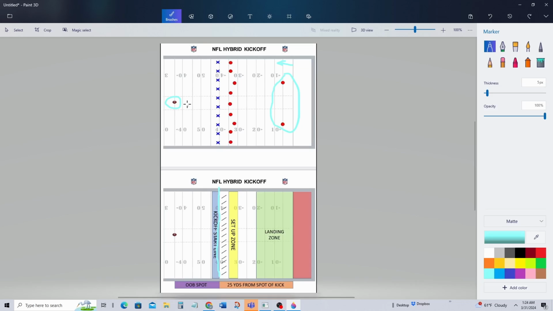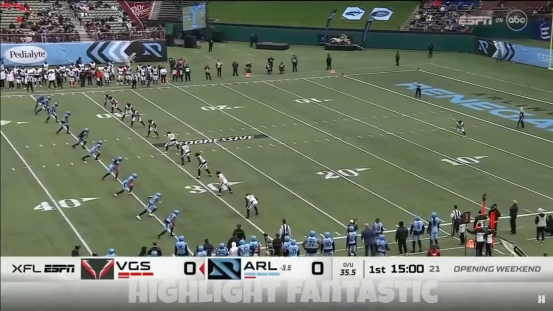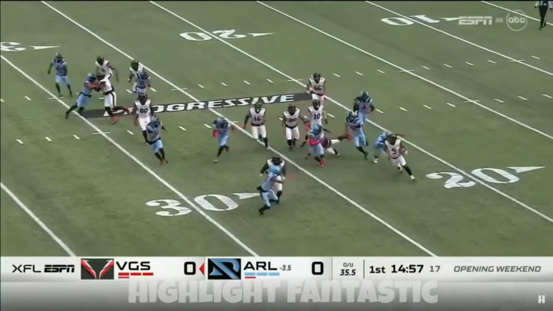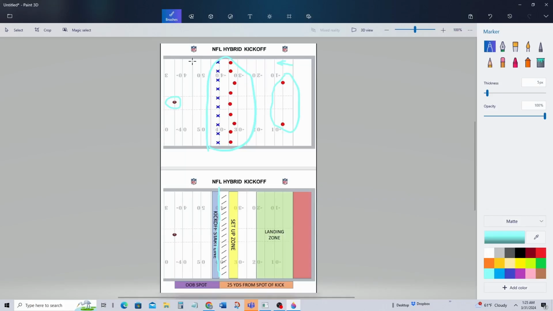The kicker kicks the ball, and these guys, all of them, cannot move until the ball either hits the ground or the kick returner catches it. The defense is looking straight at the kick returner where the ball's bouncing, and the offense has to look backwards towards it. So they have a reaction advantage because they're just running straight.